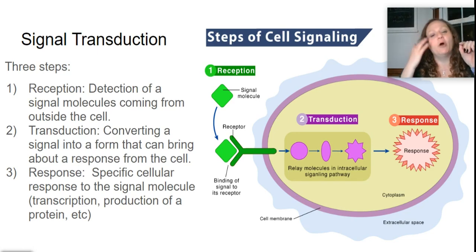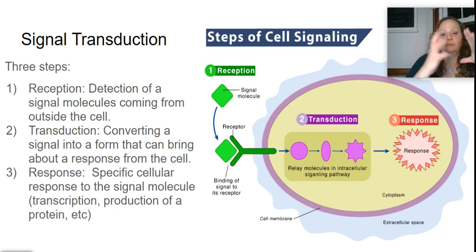Transduction is the part where that signal that's being relayed by the receptor is going to be converted into a form that allows the cell to have a response. And then, of course, that response is a specific cellular response to the signal molecule. It can be transcription, it can deal with production of a protein.